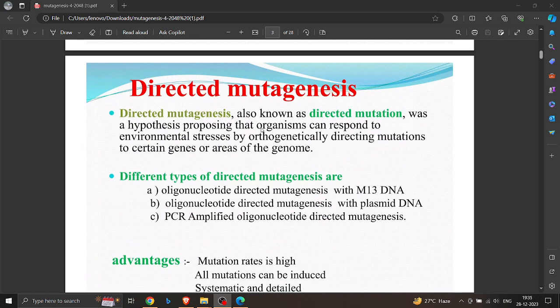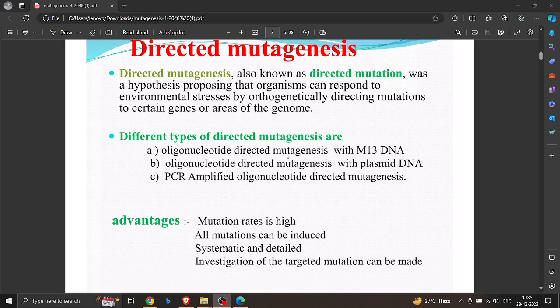Directed mutagenesis, also known as directed mutation, was a hypothesis proposing that organisms can respond to environmental stress by orthogenetically directing mutations to certain genes or areas of a genome.